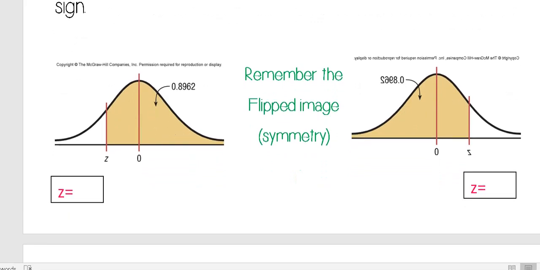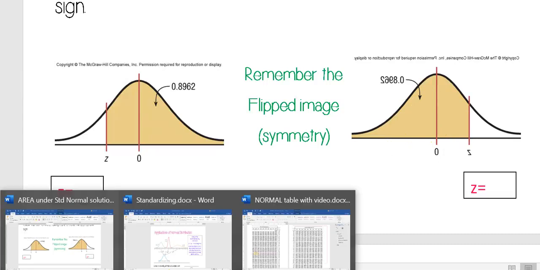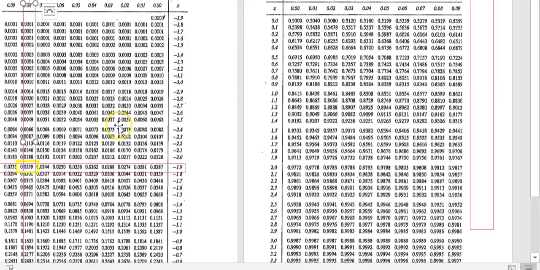Oh, look at that. I've got one more example here. So this question is asking for the area under the curve to the right of some negative z-score, which horizontally flipping gives us to the left of some positive z-score. So I could find this 0.8962 without having to do any math at all. Just going to go to the positive side of my table and look for 0.8962. There it is.